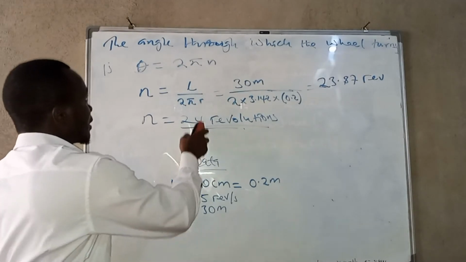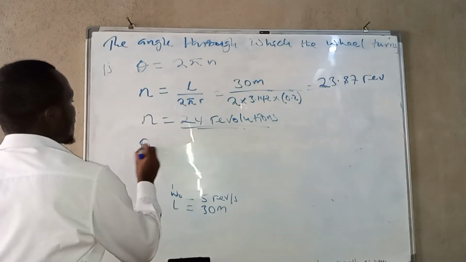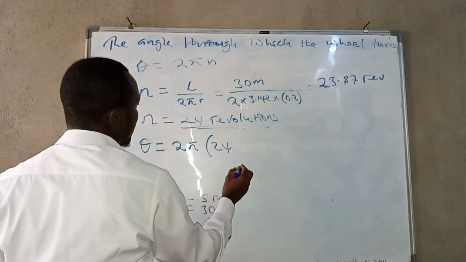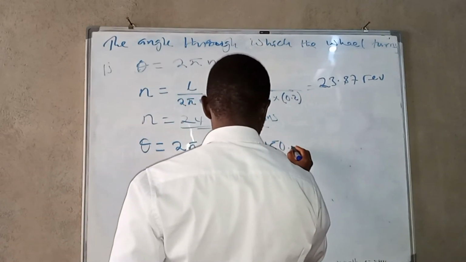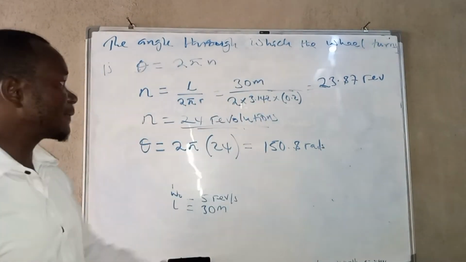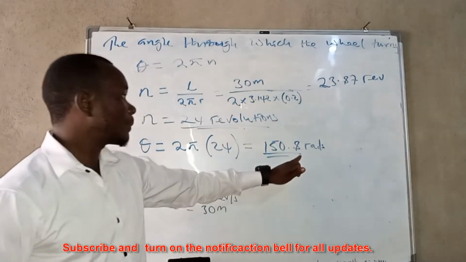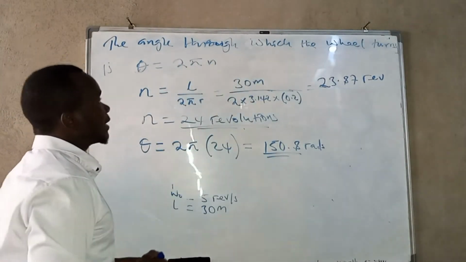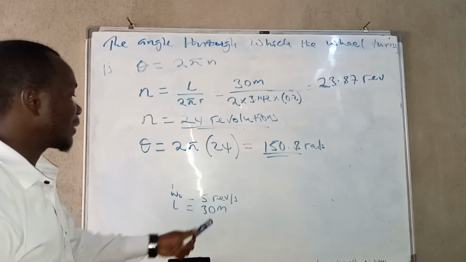Now, putting this into this, we are going to have theta equal to 2 pi times 24. This will give us 150 radians. So this is the angle through which the wheel turns after covering a belt length of 30 meters.